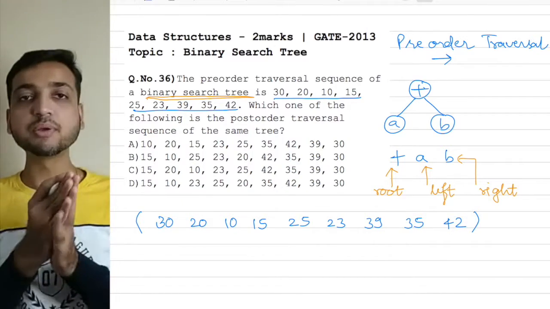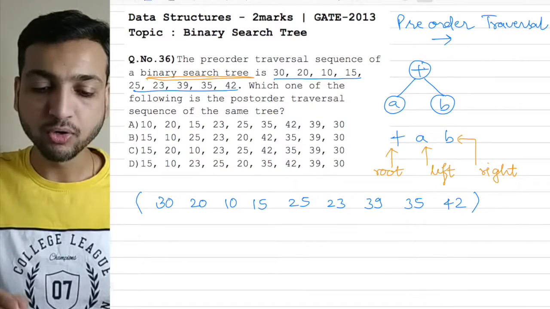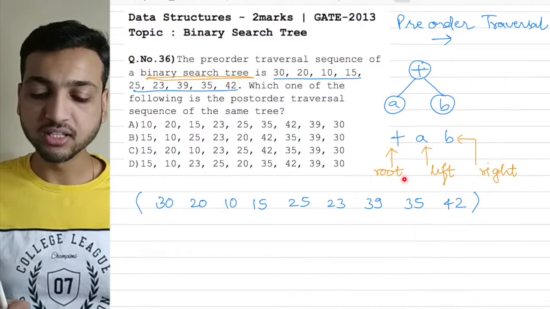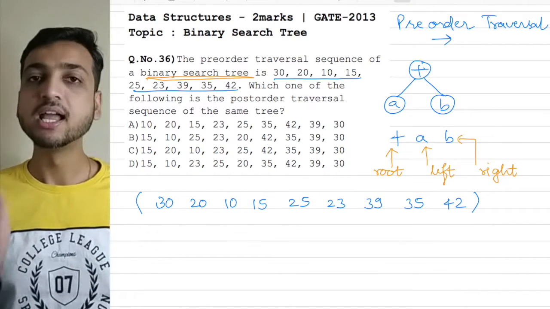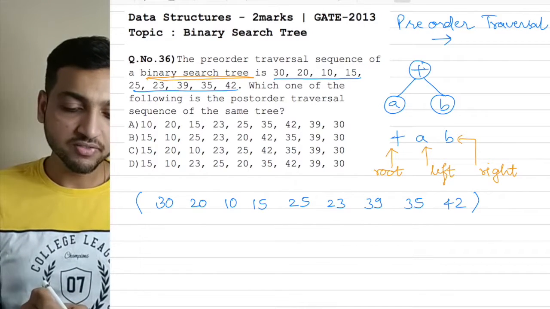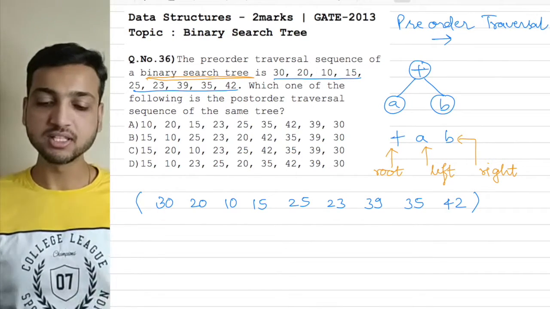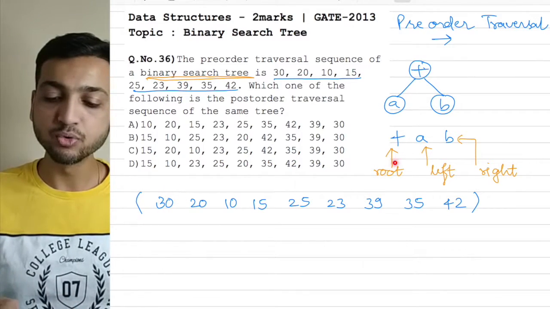Yes, so this is my pre-order traversal of the tree. Now let's focus on how the pre-order traversal happens. As we have mentioned here, first the root is visited, then to the left and then to the right. It means that whenever we are going to have a pre-order traversal sequence, the first value in our sequence is going to be the root.